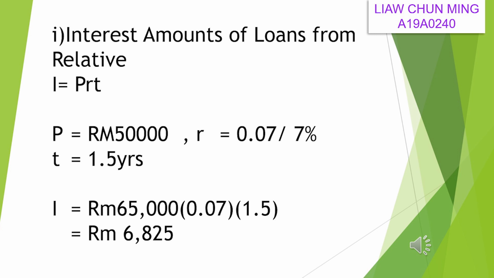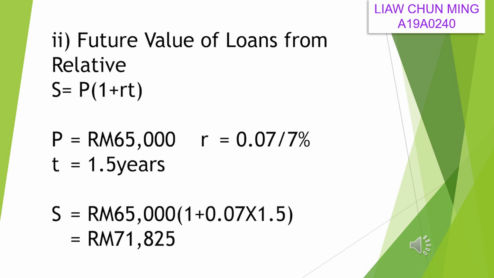So I get 6,825. For the future value of the loan from relative, we use 65,000 times 1 plus 0.07 times 1.5. So we get the total of 71,825.